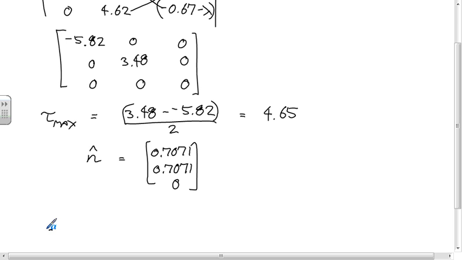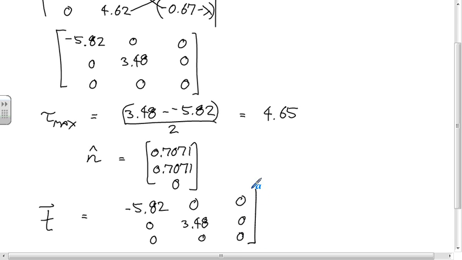And so then the traction is negative 5.82, that's that principal stress tensor, 0, 3.48, 0, 0, 0, 0, times the normal vector, and you get what I think you did intuitively.